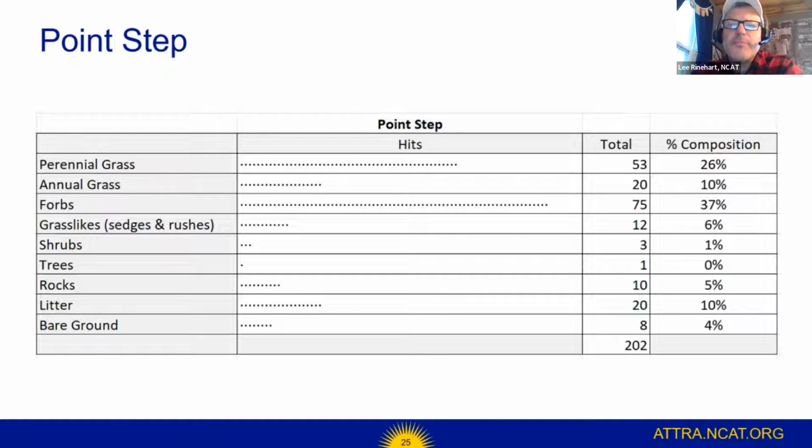So getting something like this, where you can do a point step method transect, and you can count and actually come up with a percent composition, it can help calibrate your eye, because you can look at the field and go, wow, I didn't think that was 26% perennial grass there or something, right? So it can really calibrate you so that the next time you look at the field, you have a better idea of what you're looking at.